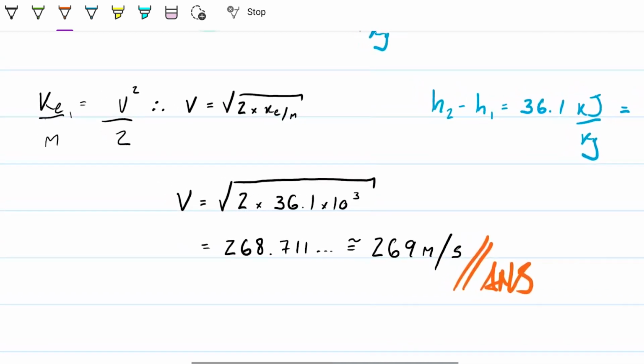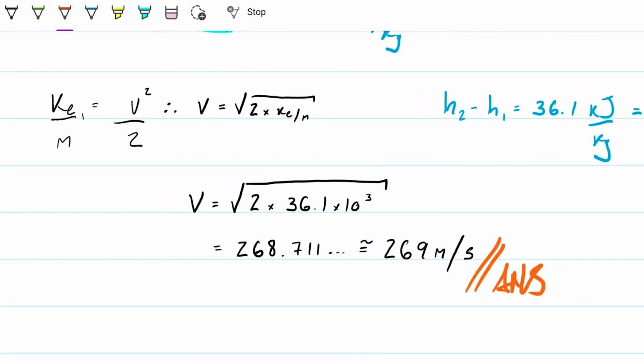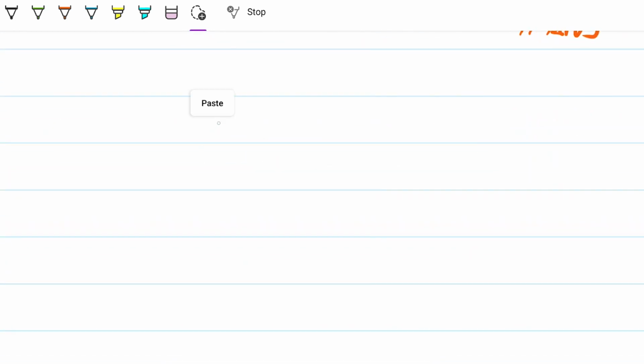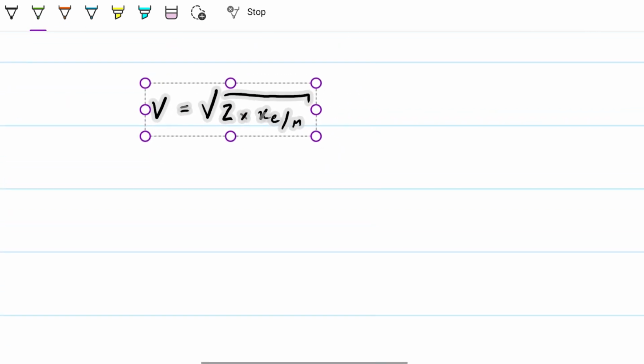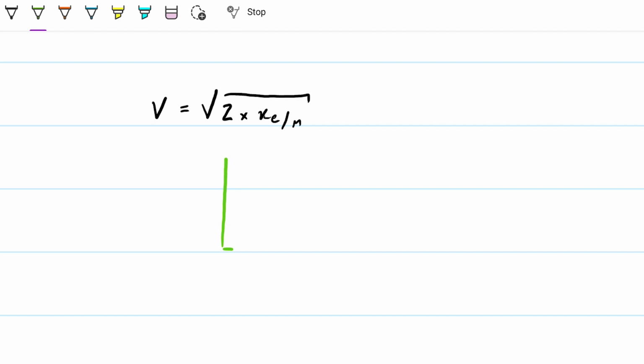Okay, and to be sure of the units, we always want to be sure of the units. This is actually quite interesting to do. So what's happening here? 2 has no units. But we're taking the square root of kinetic energy, and that is in joules, because we converted to joules, and then we have kilograms here.